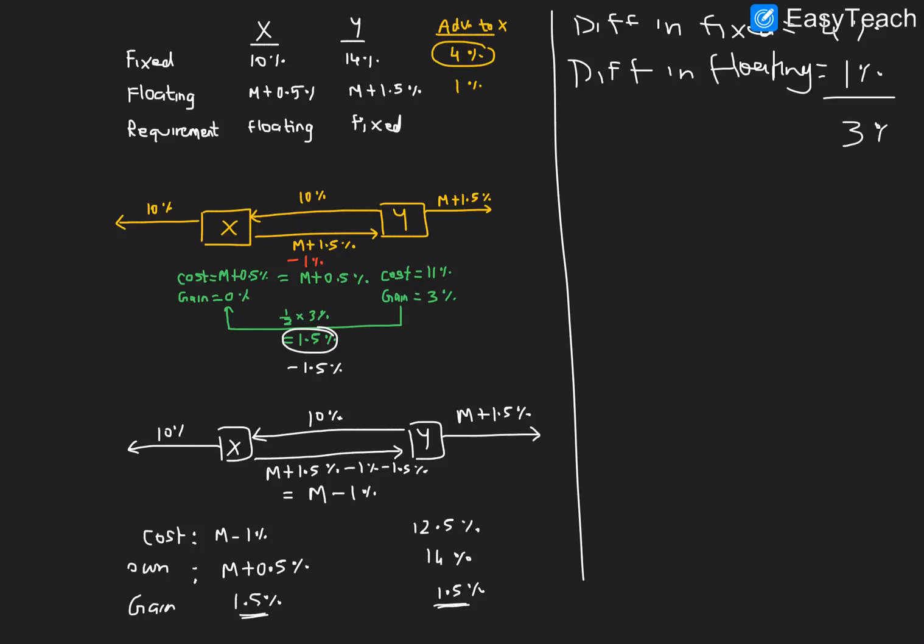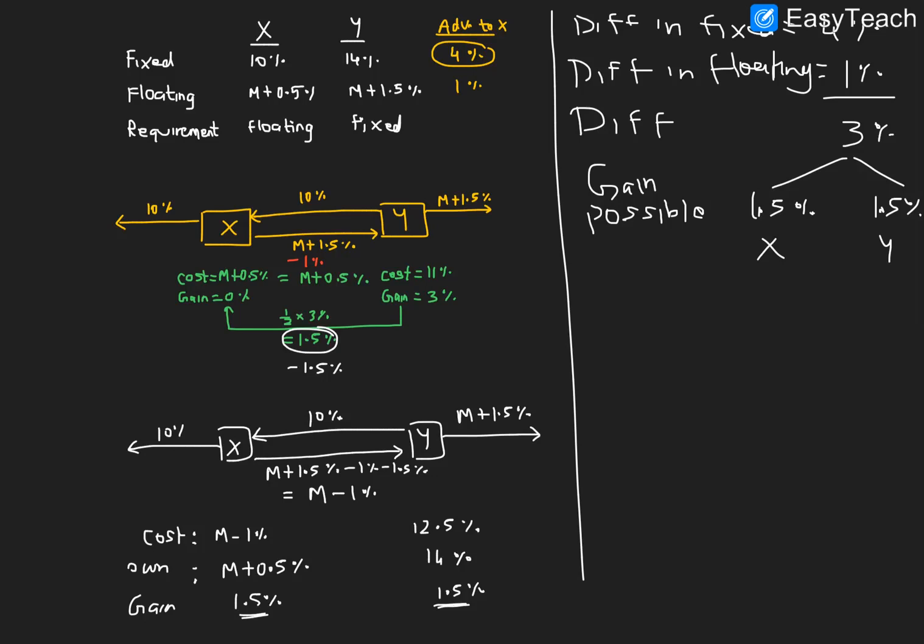So the difference between them is 3%. So the gain possible is 1.5% for X and 1.5% for Y.